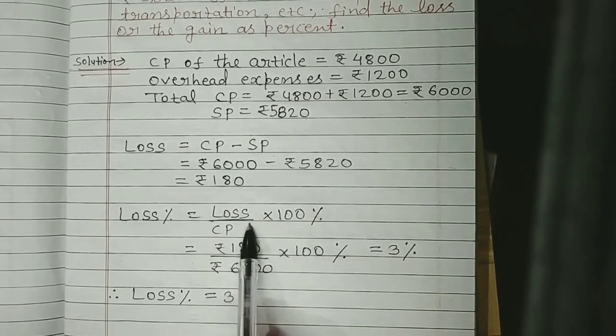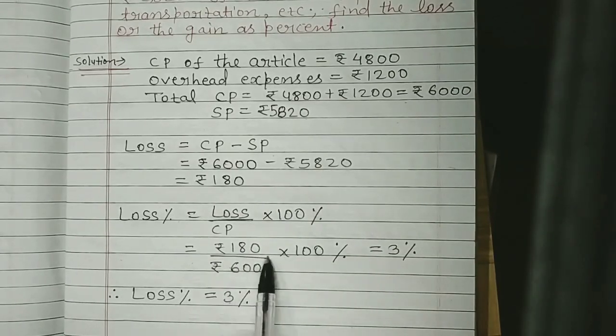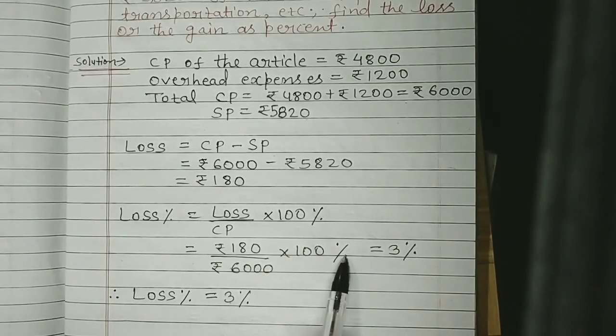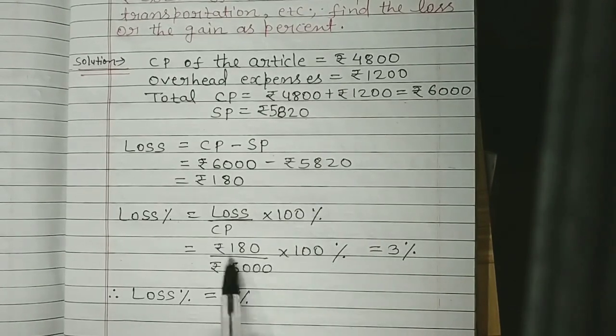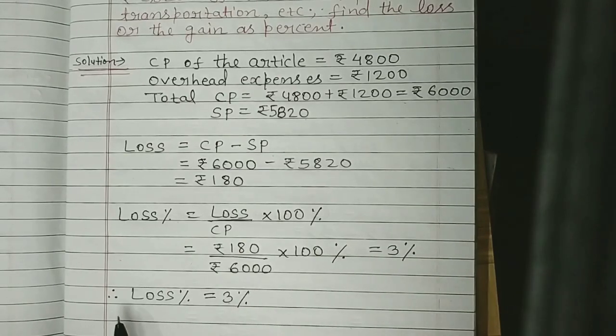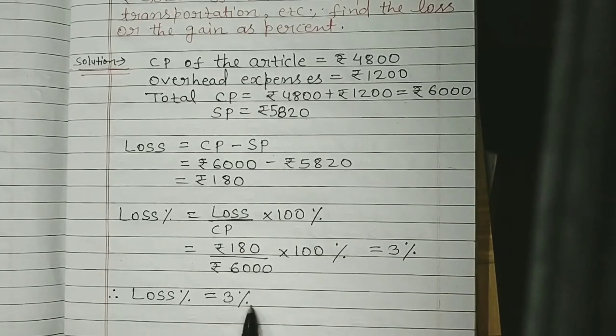Clear? By CP. So I have written by rupees 6,000 into 100%, and after solving this it is equal to 3%. So here the loss percent is equal to 3%, and this is our final answer. Clear?